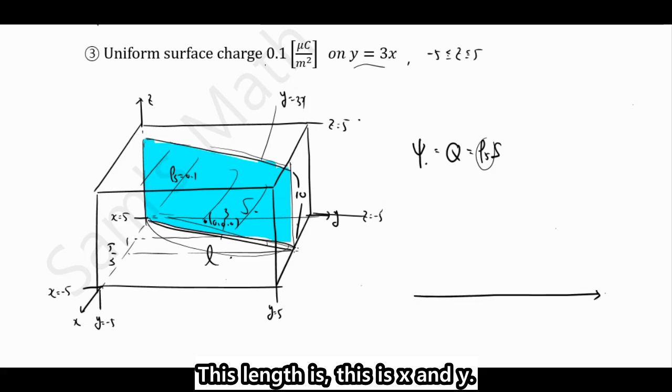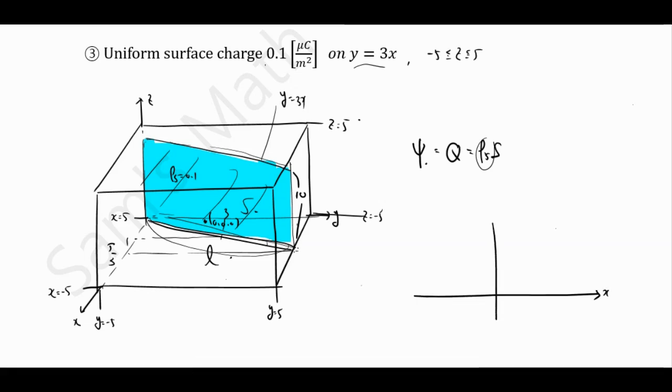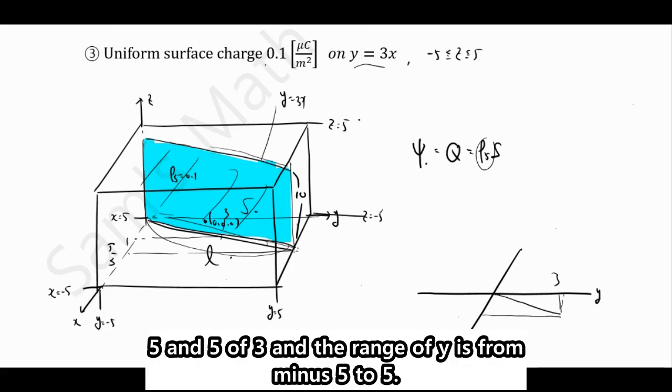This is x and y. And 5 over 3 for x, 5 for y, and the range of y is from minus 5 to 5.